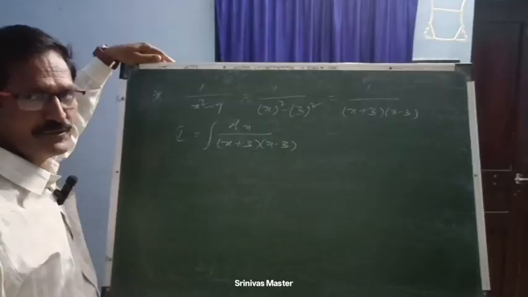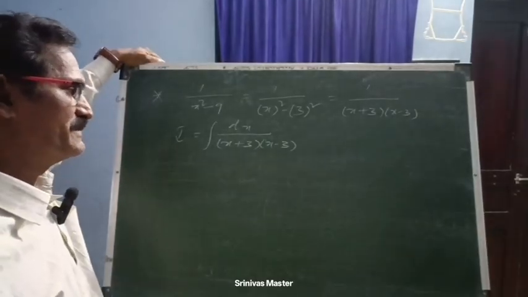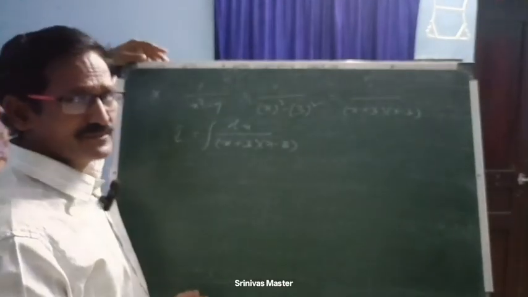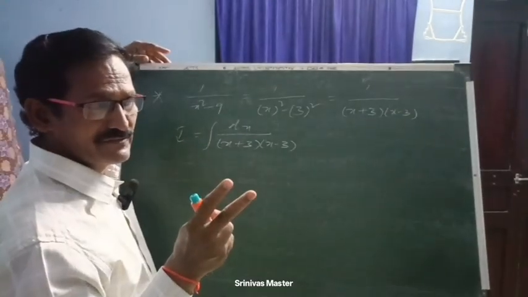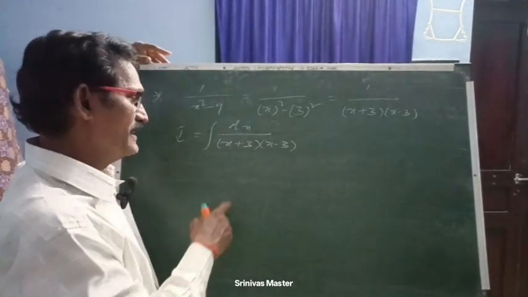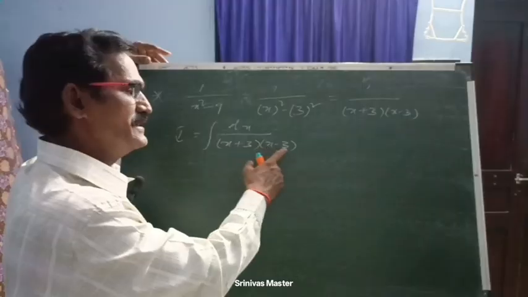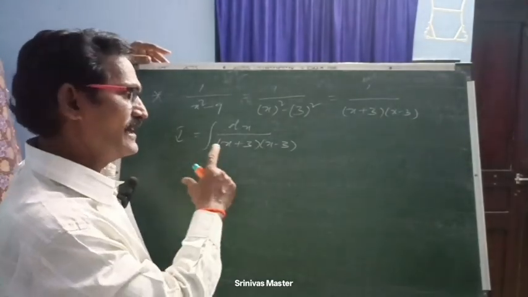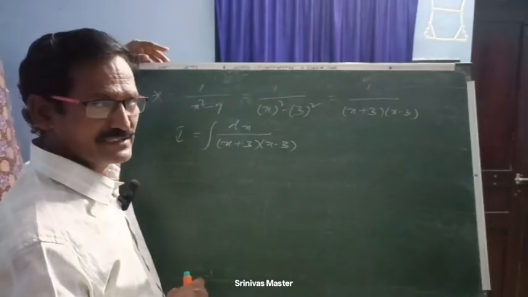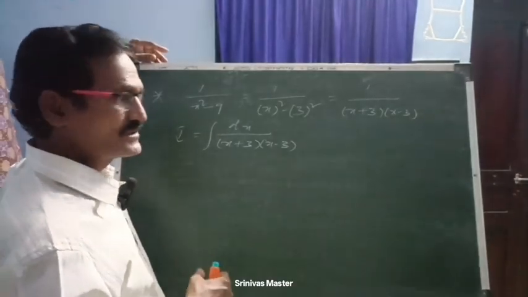Apply the formula, the concept I told you before. These both are linear polynomials, no? Then how many fractions will we get? 2 fractions with respect to a and b: a by x plus 3 plus b by x minus 3. So like that you can find it, as I told you before. Okay, children, the next question I will do.